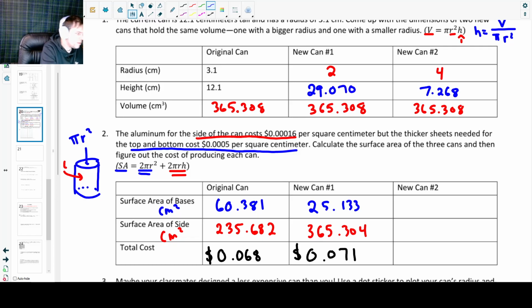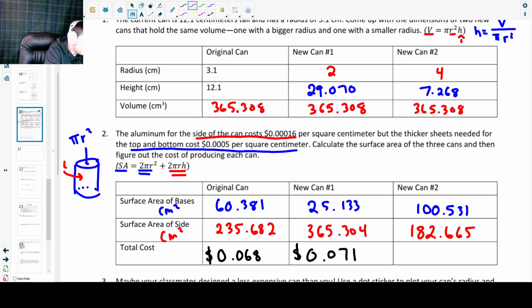And now finally, we'll go ahead and do the same calculation with this last can where a radius of 2. So again, I'm going to do these calculations a bit faster. So the area of the top and the bottom now is going to be 100.531. And now for the sides, again, 2 pi times 4 times our height, which was 7.268. Okay, now the sides are 182.665.